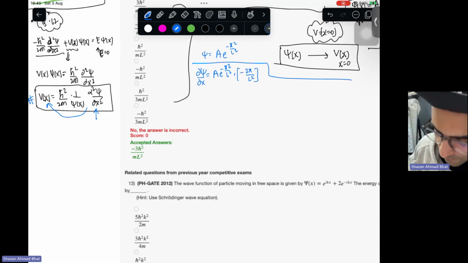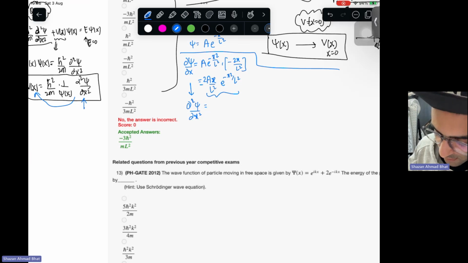Simple differentiation of this is equivalent to (2a − 2ax)/L² e^(−x²/L²). Now differentiating it again, we get ∂²ψ/∂x². Let's take −2a/L² out and differentiate the inner thing, because the coefficient is independent of x.